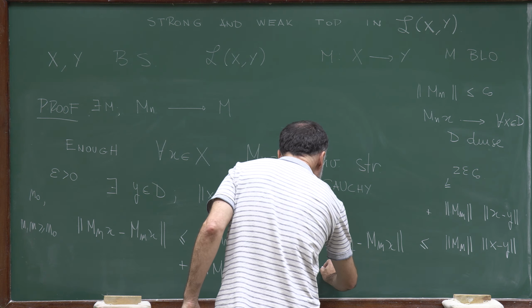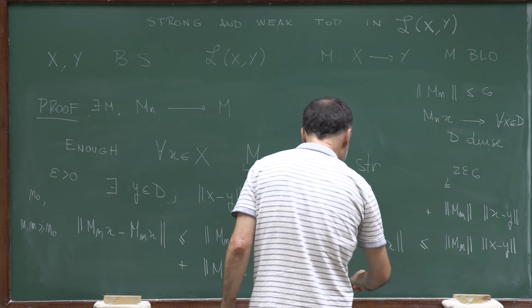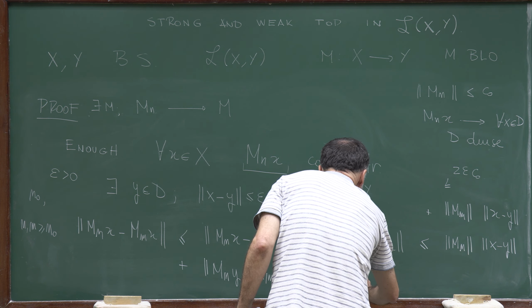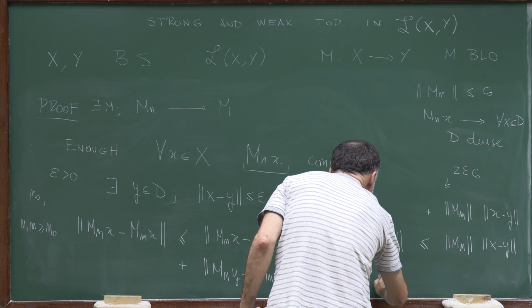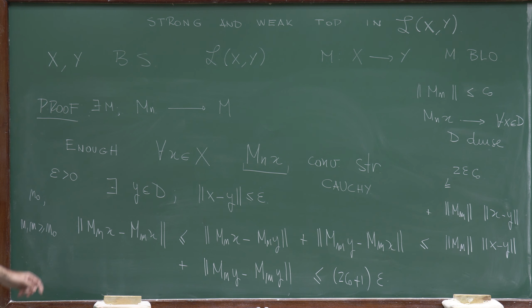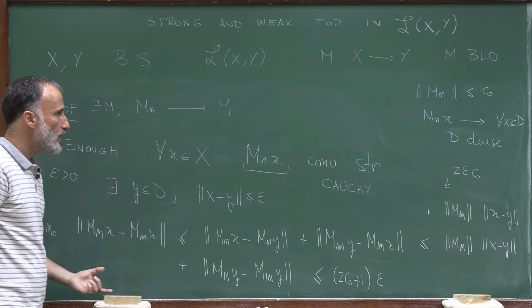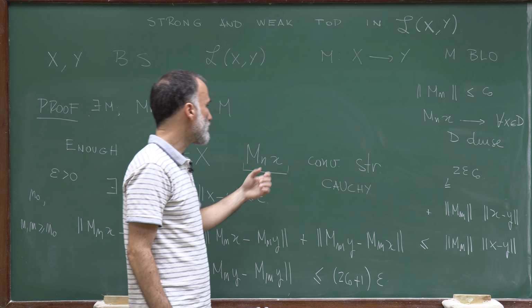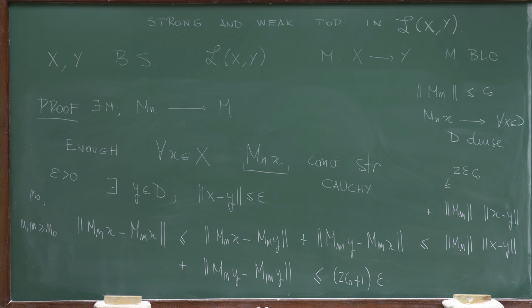So this means that this expression is bounded by 2 times C0 plus 1 times epsilon, provided n and m are larger than n0. And this proves that this sequence is Cauchy and therefore that it converges. And this is what we needed to prove.